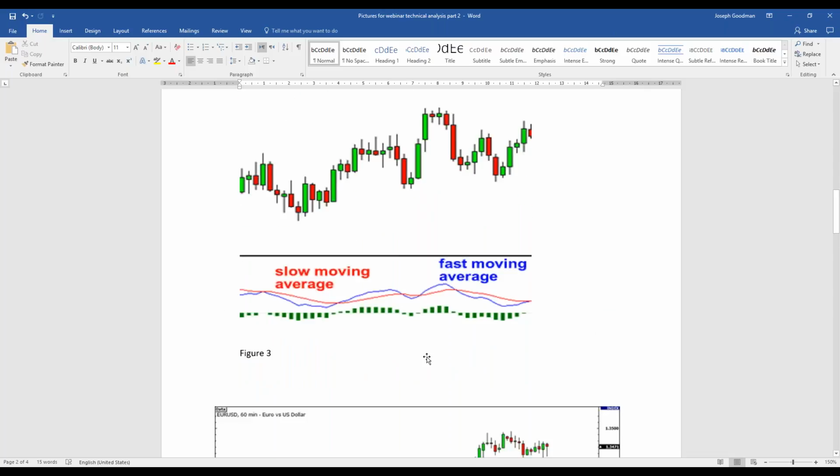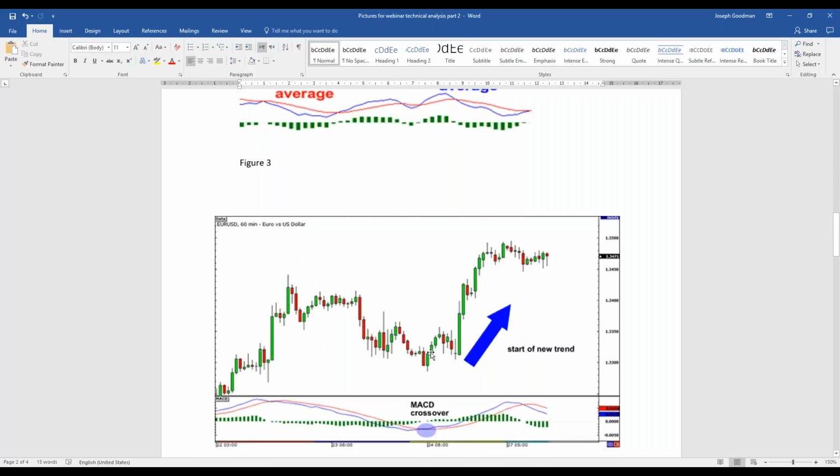All right, so in this image, you see the fast line crossed above the slow line, while the histogram temporarily disappeared. This would suggest that the brief downtrend would eventually reverse. And after that, Euro USD shot up. We can see right after the crossover, we see the shoot up. And that's the start of our new uptrend.